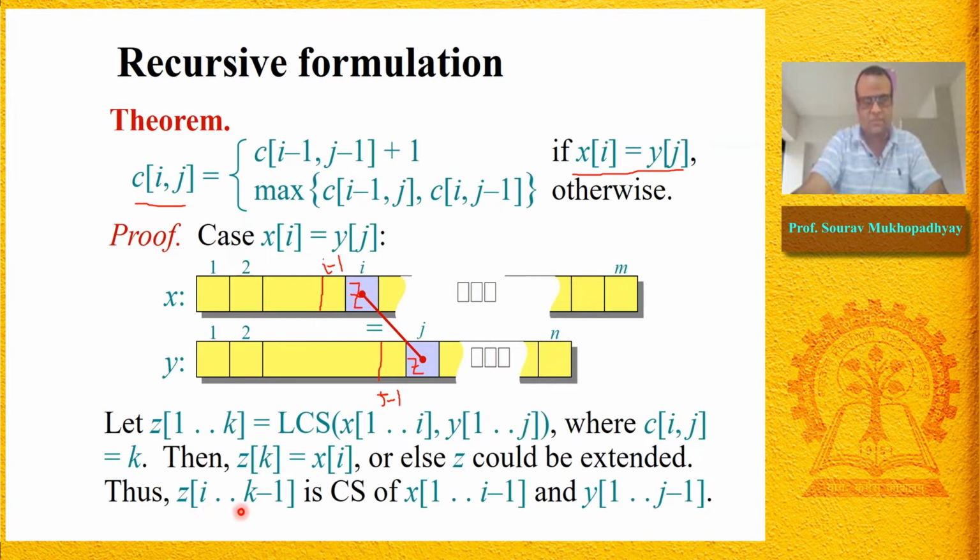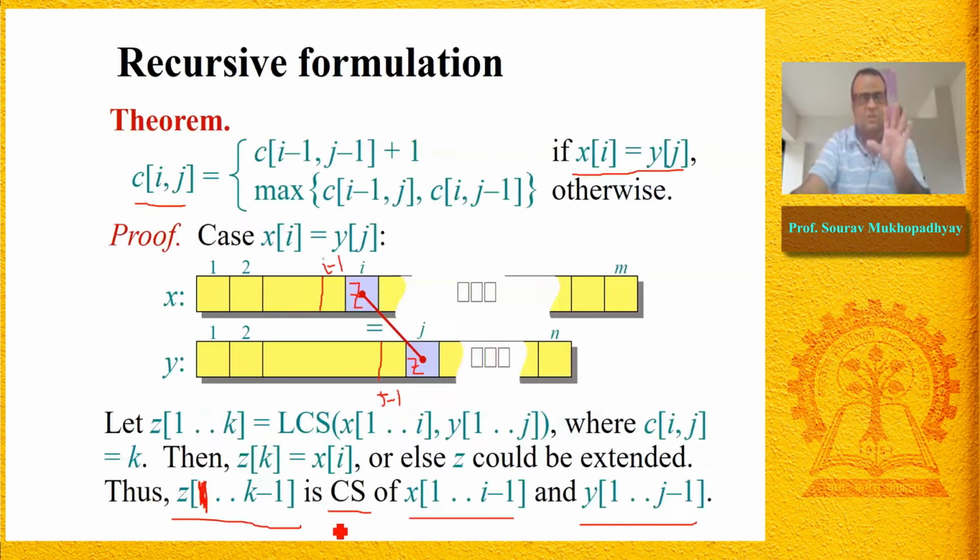So z1 to k minus 1, if we just ignore this last element, is a common subsequence of x up to i minus 1 and y up to j minus 1, because that's why this is the longest common subsequence of x up to i and y up to j.